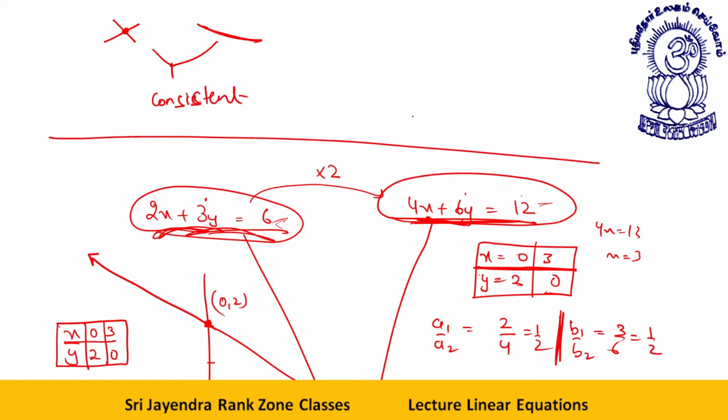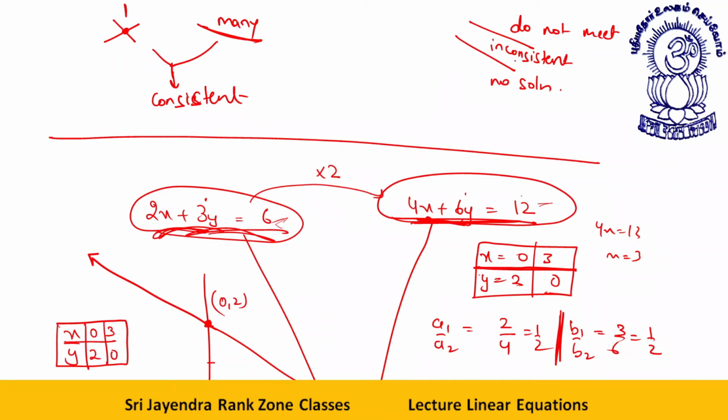This is one point, this is many points. But these parallel lines do not meet. When they do not meet, we call that inconsistent, or no solution. Why? A solution is somewhere where the lines meet. So if they are not meeting, they can't find any solution among themselves. That is called no solution.